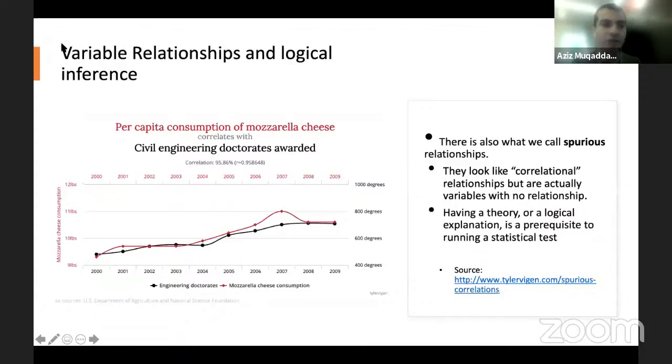So here's the idea: why we do statistical relationship and why it matters. Because there's also something we call spurious relationships. That is to say, when you get something close to a perfect or strong correlation, but there's no logical relationship whatsoever between the two variables, right?